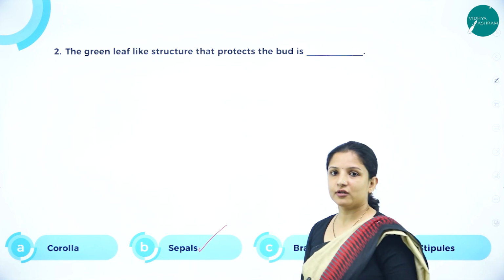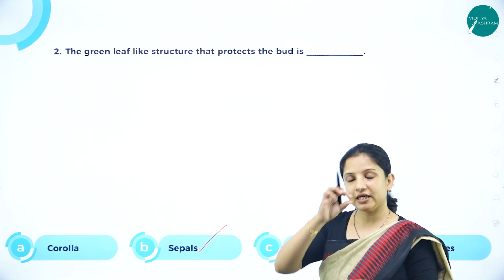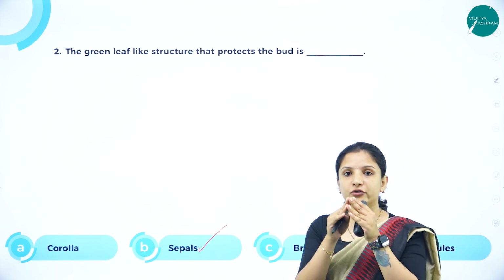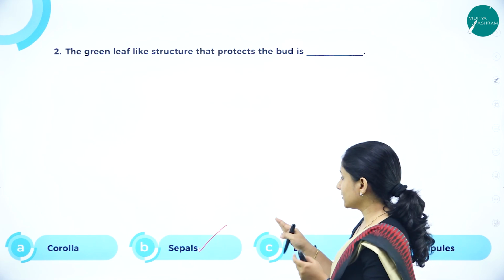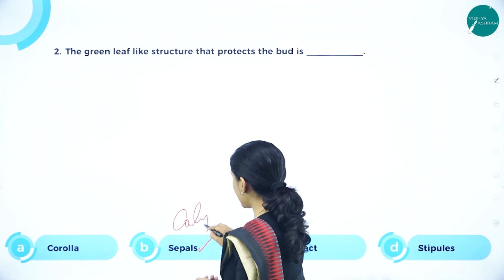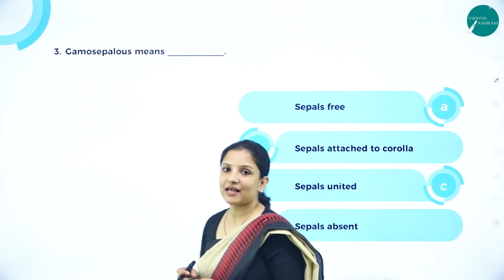Whenever we see a rose bud, for example, on top it has the green leaf-like structure that entirely covers the fragile bud in order to protect it. That is nothing but sepals. They can also give the option here as calyx because sepals are nothing but calyx.